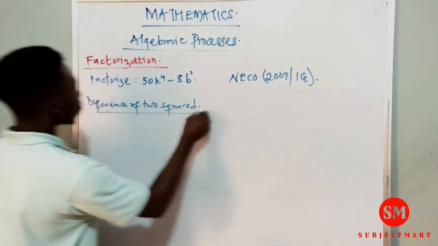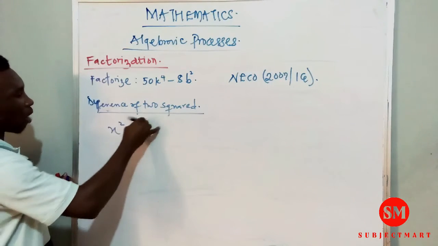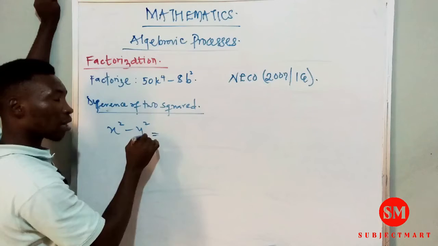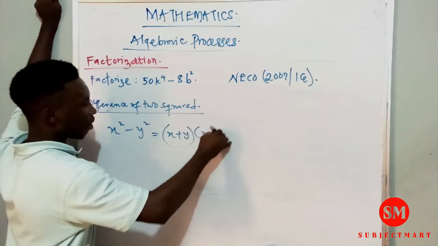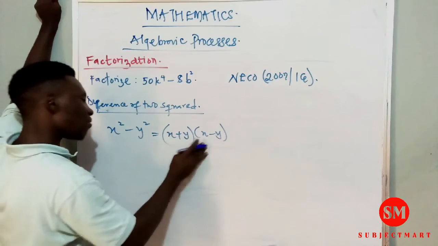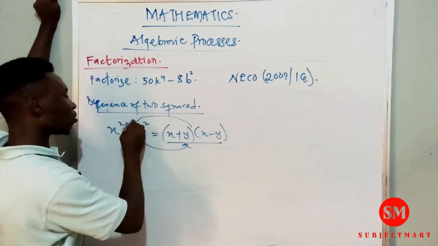Let me quickly explain that. If I have x squared minus y squared, as far as there are two squares, this can be expressed as x plus y, x minus y. This is exactly the difference of two squares. That is, if I expand this expression, it will take me back to this.